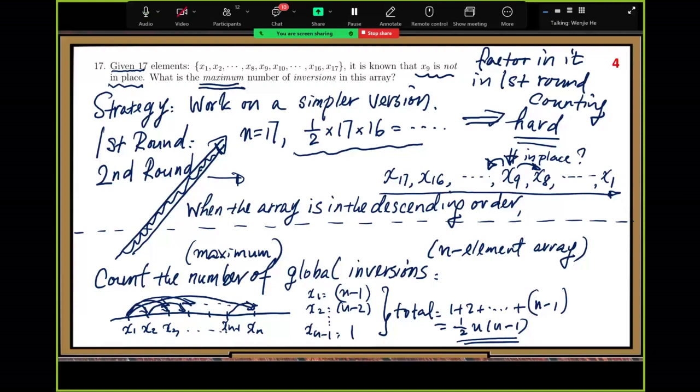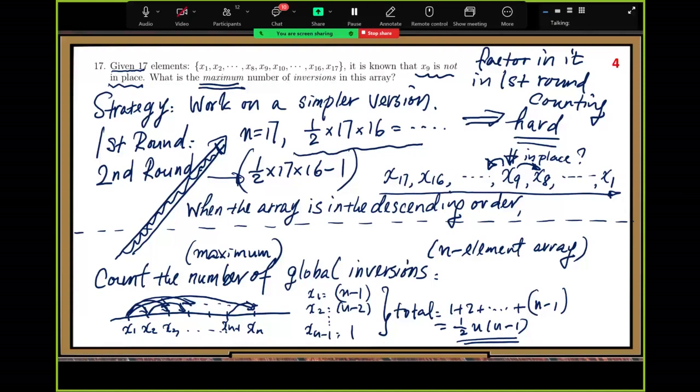Then your answer is just one fewer than this largest number, minus 1. That's your answer. If you use this analysis, then you can get the right answer.